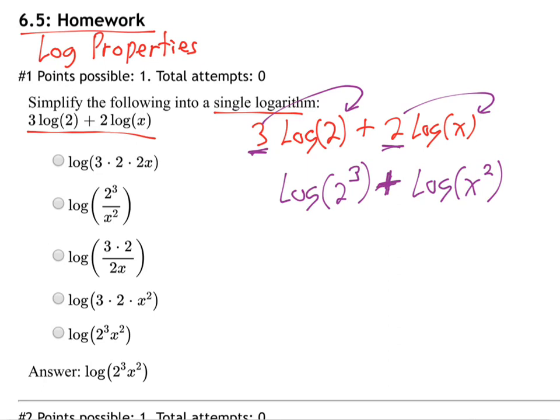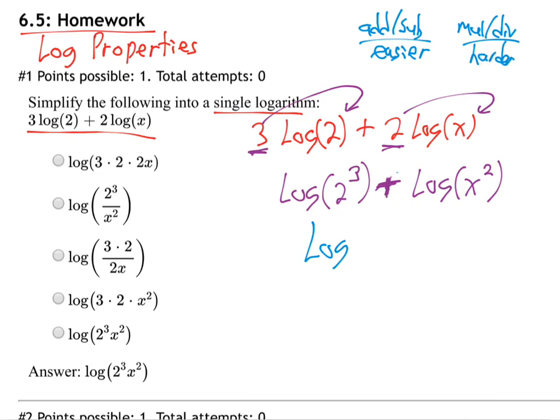And then adding for 2 logs is an easy operation. Adding is easier, right? Like when you were a kid, adding and subtracting were the easier operations you first learned. Multiplying and dividing, when you got a little older, were harder operations.